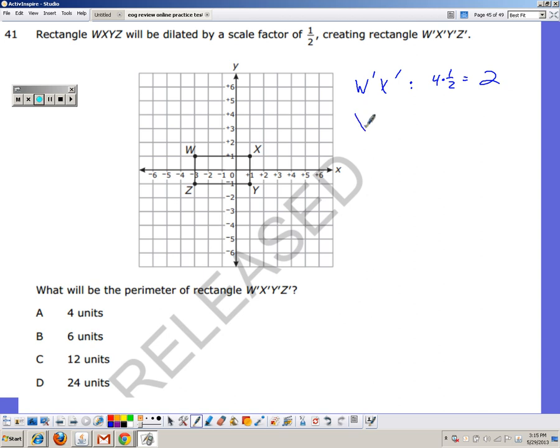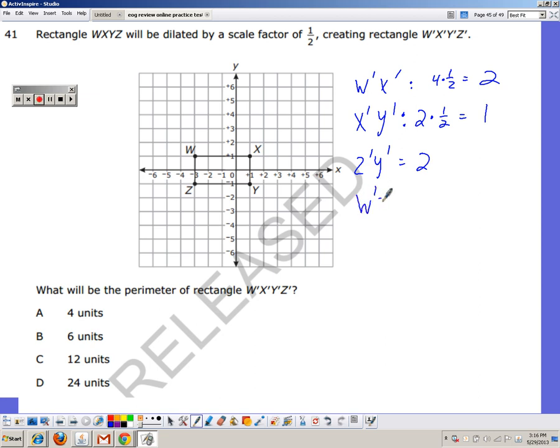Between my new X prime and Y prime, this vertical line here, it is 2 already. So 2 times 1/2 equals 1. Now, since it's a rectangle, I already know what the opposite sides are going to be. Z prime Y prime is going to be 2 because it is opposite of WX.